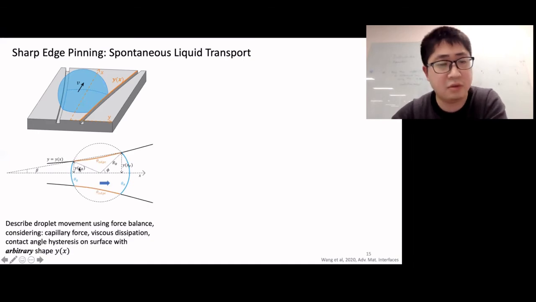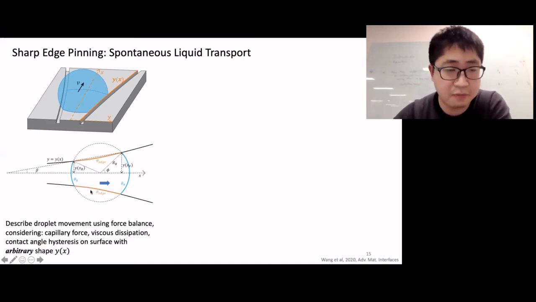Then we can do some analysis of this movement. We can use force balance by considering the capillary force, the viscous dissipation, and the contact angle hysteresis, with consideration of an arbitrary shape of this wedge. And then we can conduct experiments once we can manufacture different wedge shapes.